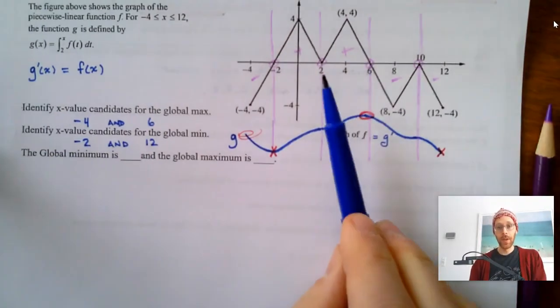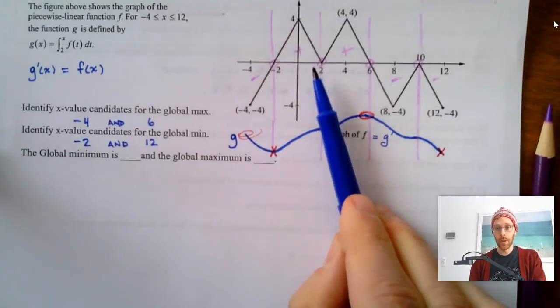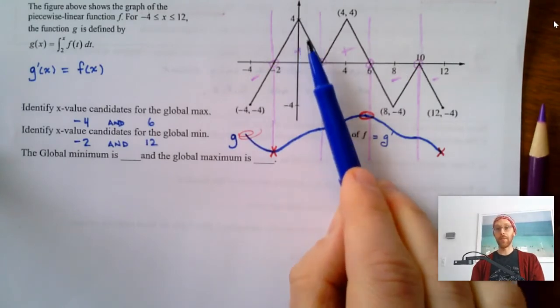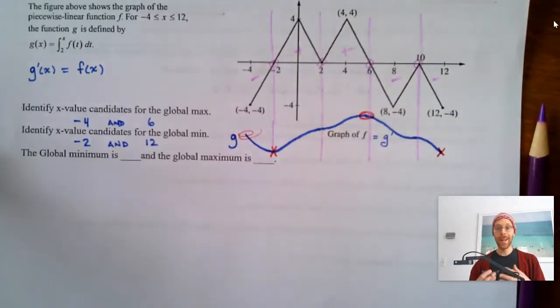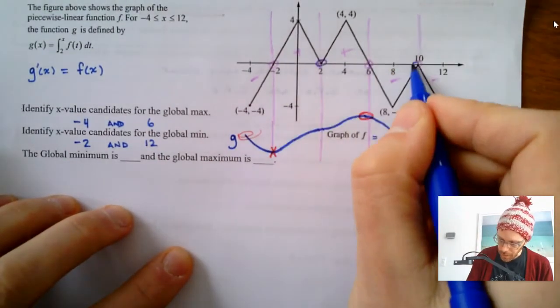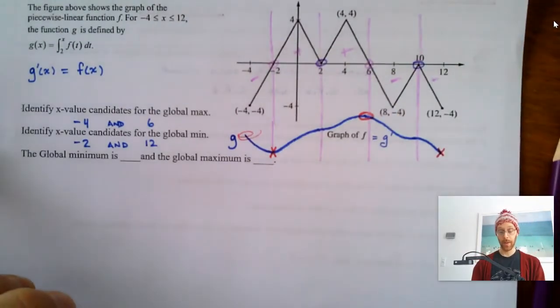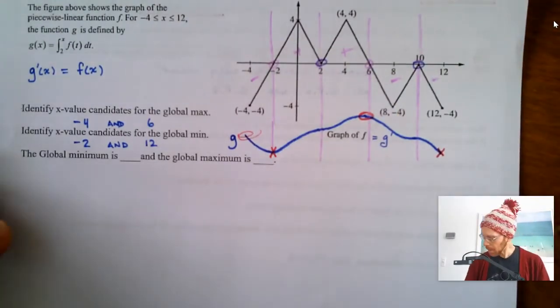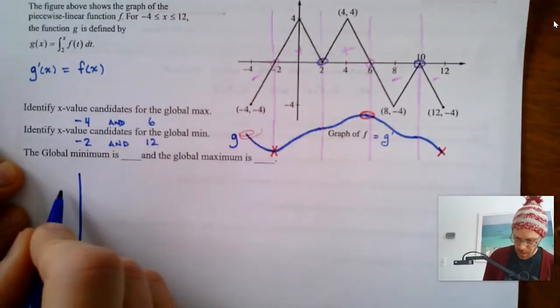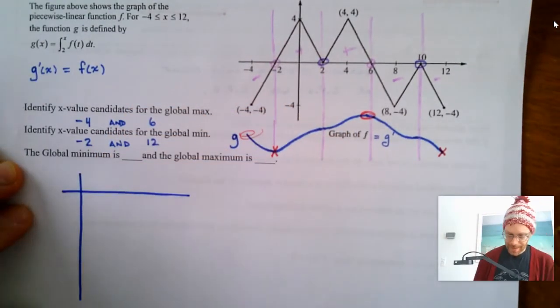Note that some of the zeros, the 2 and the 10, the places where the rate graph bounces off of the x-axis, even though they're critical points, there's no way that either this one or this one is going to give us an extreme value. Okay, so next step, it is time to test the candidates.